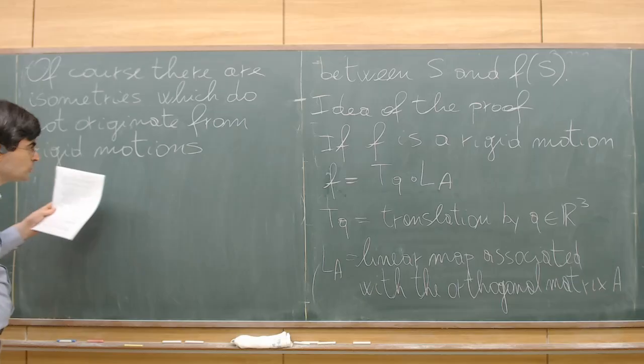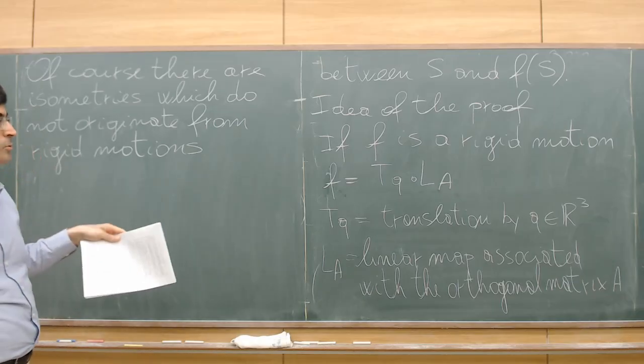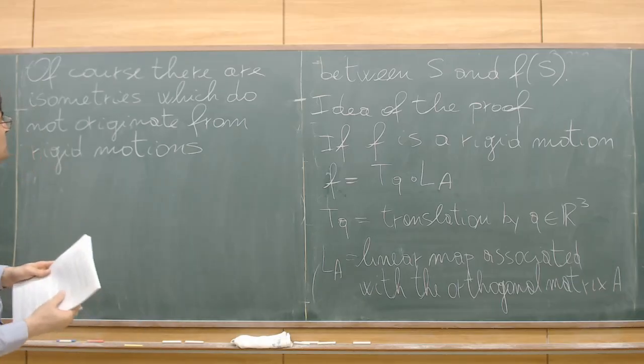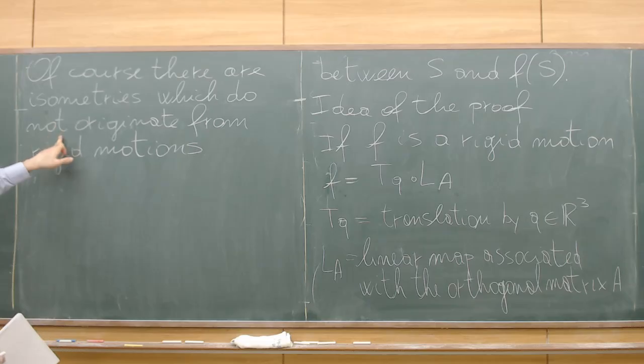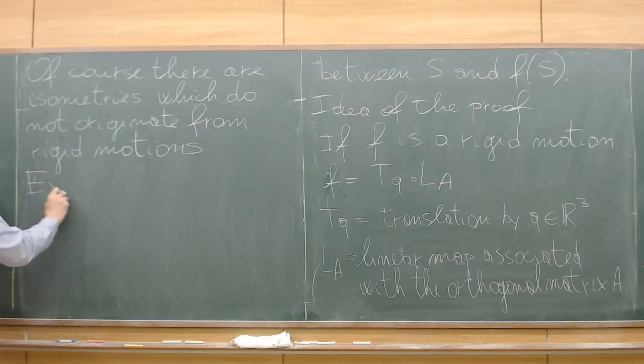So rigid motions give origin to isometries, but there are isometries which do not originate from rigid motion. So we have the following example.